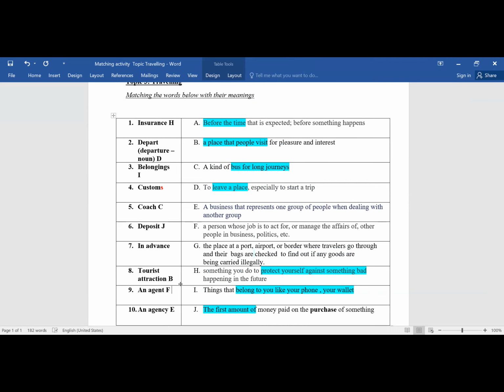And when you go to that office, you will need to talk to a person, an agent, so that you will be able to book a tour to visit Sơn Đoòng. So an agency is a business or an organization. An agent is a person. That's it. Thank you.